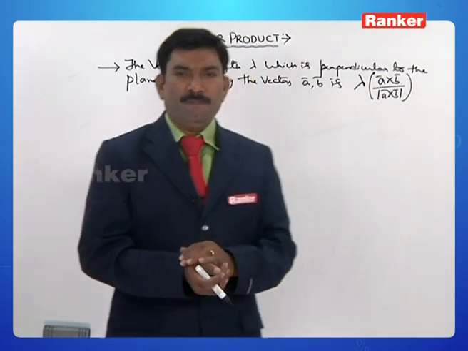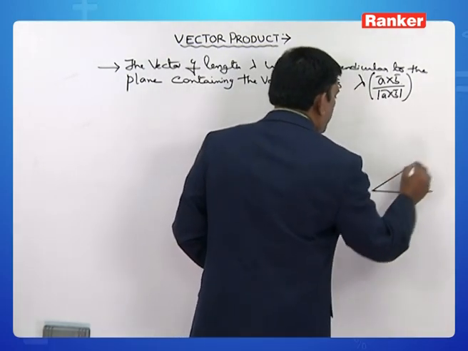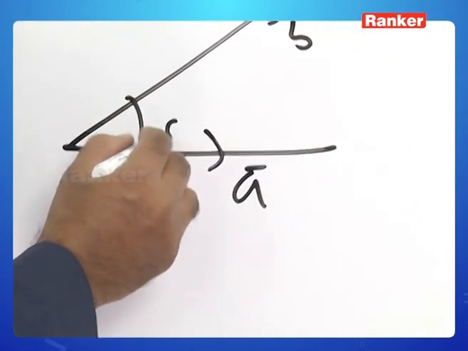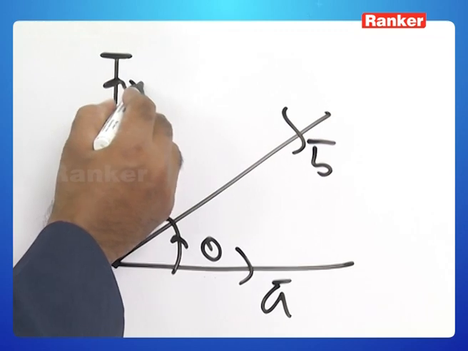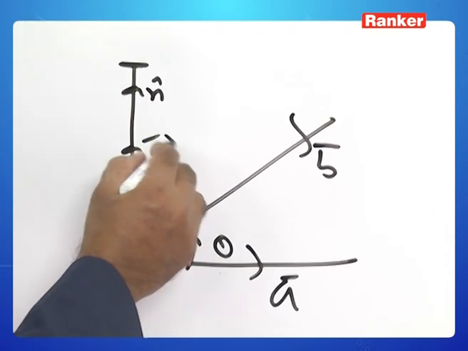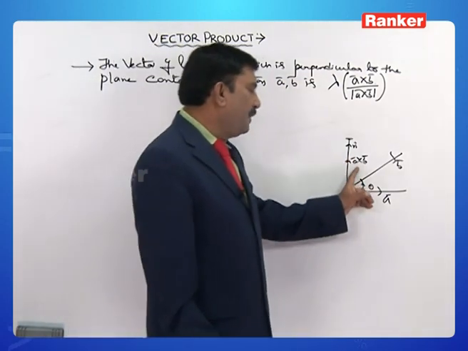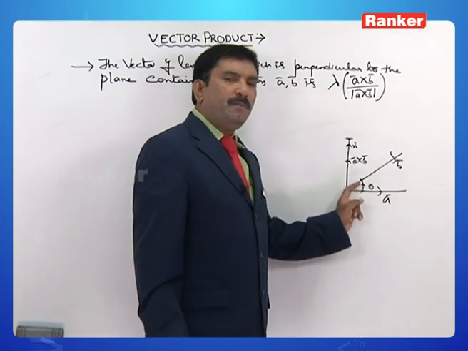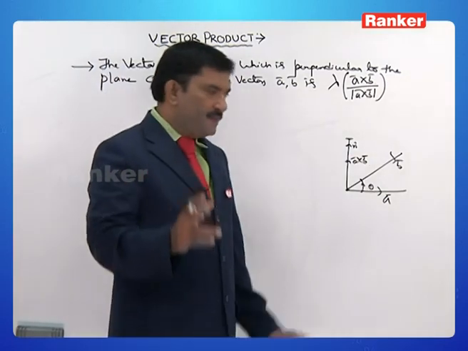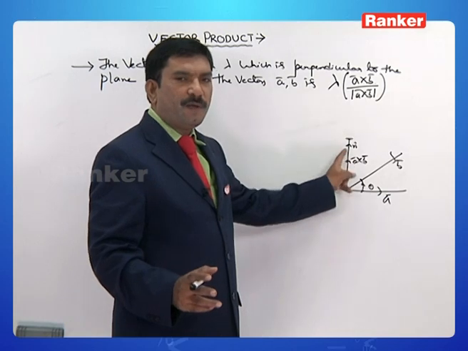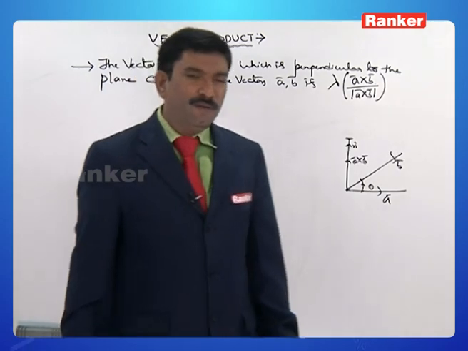Let us take A bar. This is B bar. This is the angle between them. Up to here, I take this n cap. Vector A cross B is the vector which is perpendicular to A bar and B bar. Meanwhile, it is collinear with n cap. N cap is the unit vector which is perpendicular to the plane generated by A bar and B bar.